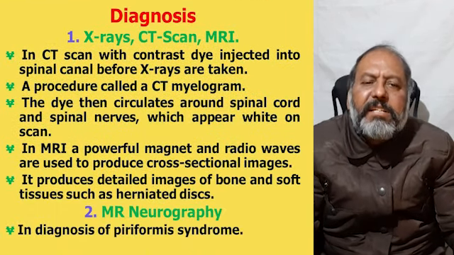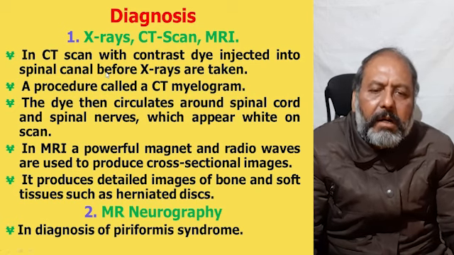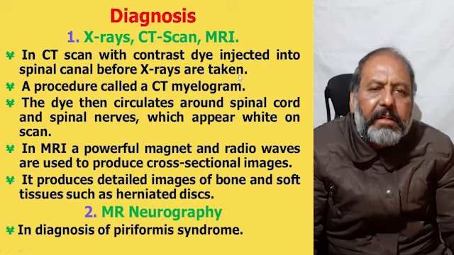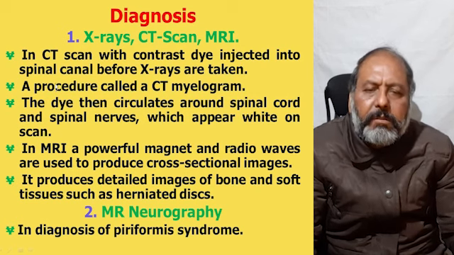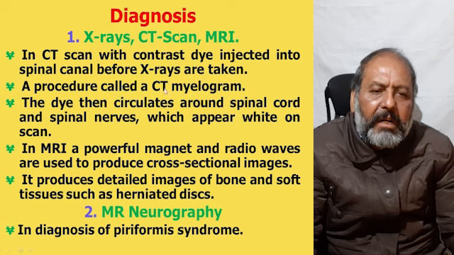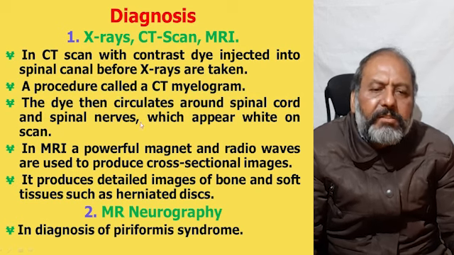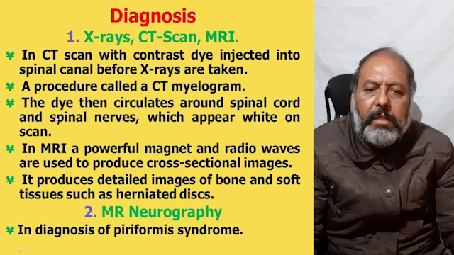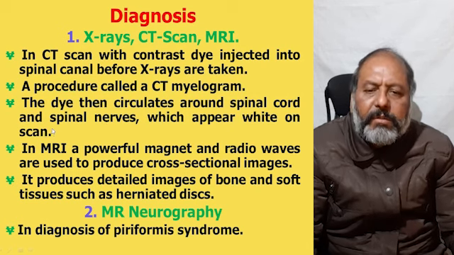Now, in CT scan with contrast dye injected into the spinal canal before the X-rays are taken, I have already shown you the diagram of the CT myelogram. This is a procedure called CT myelogram. The dye then circulates around the spinal cord and the spinal nerves, which appear white on the scan.